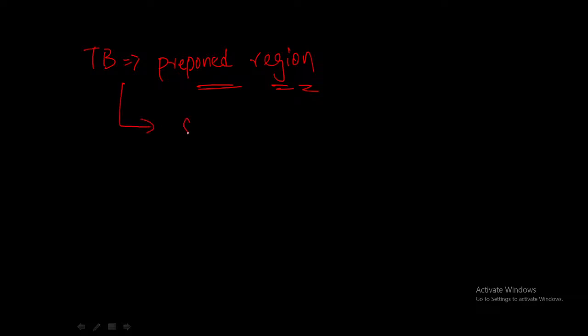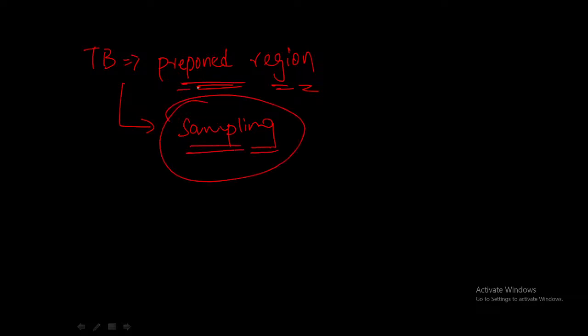When the TB is getting executed, it is executing in the Preponed region. The TB is sampling the signals from the DUT in the Preponed region. Sampling means collecting the signals from the DUT.